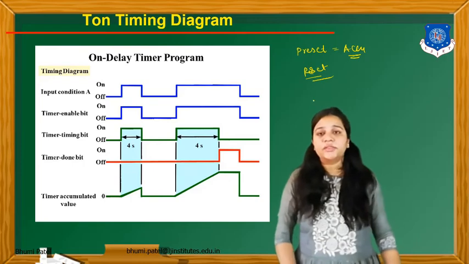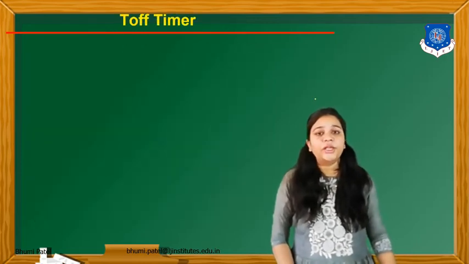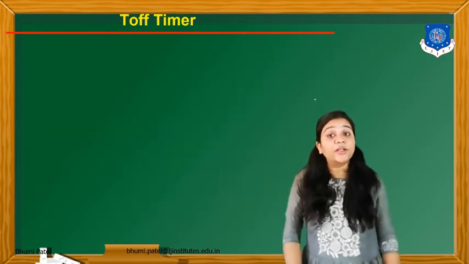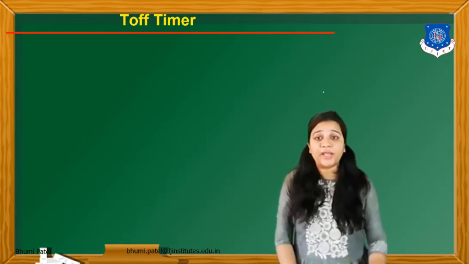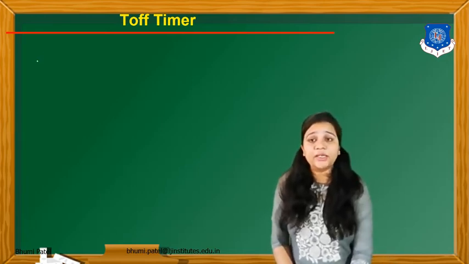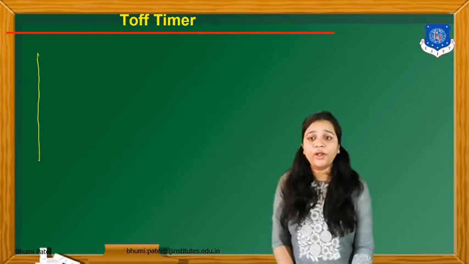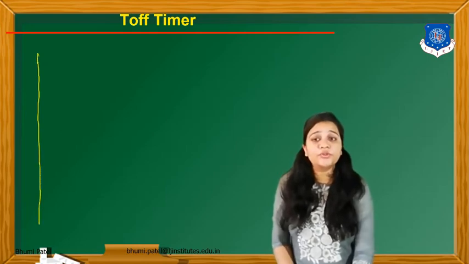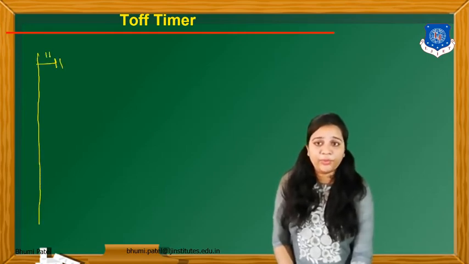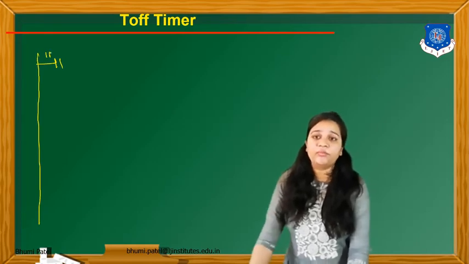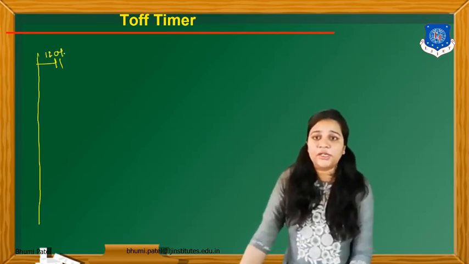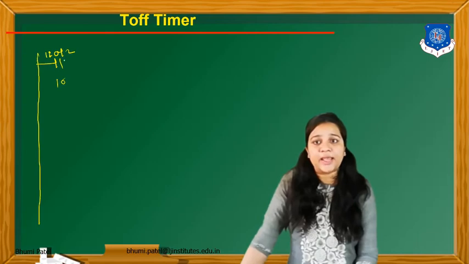Okay, the next one is the T off timing diagram. Now, what is the logic diagram of the T off timing diagram? Same thing as the T on timer, but here we use the T off timer. So the input is as it is. Suppose the input name is I:012/10.